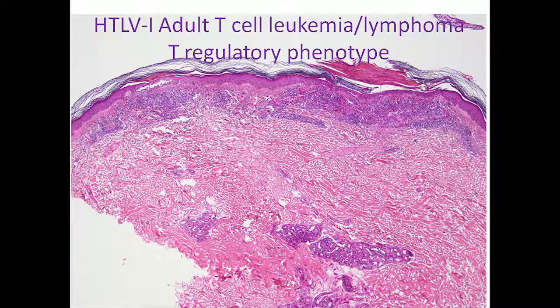Some of those molecules, like CTLA4, CD25, FOXP3, can also be expressed in conventional MF, but by definition, the most immune suppressive of all is adult T-cell leukemia driven by a retrovirus. Again, remember that Sézary syndrome, with PD-1 expression, is also very pro-immune suppression.